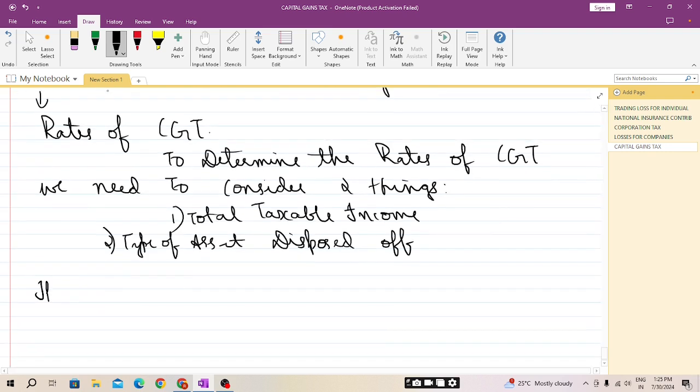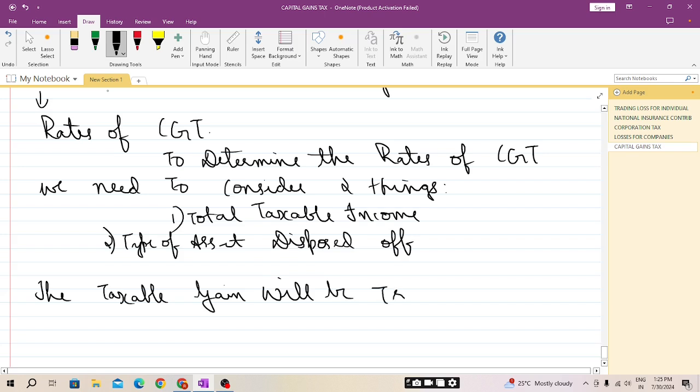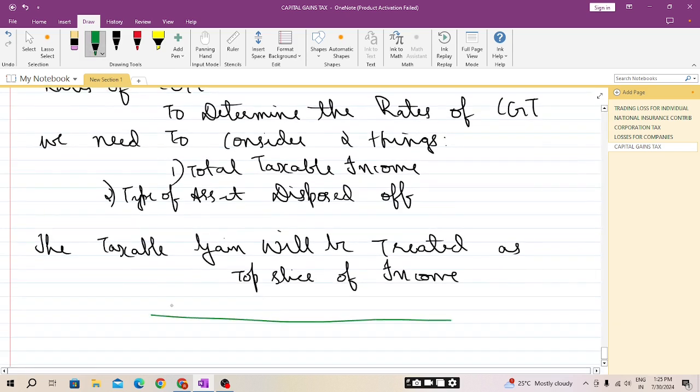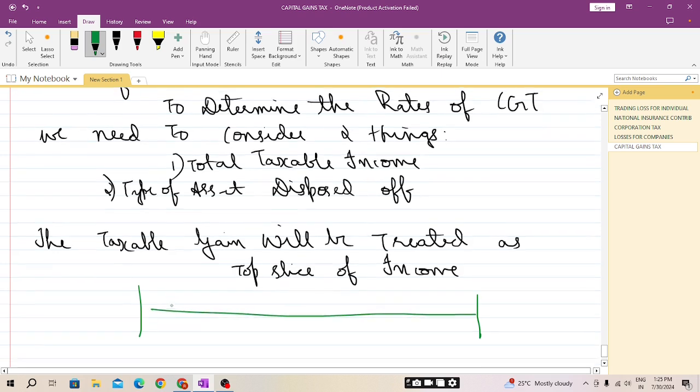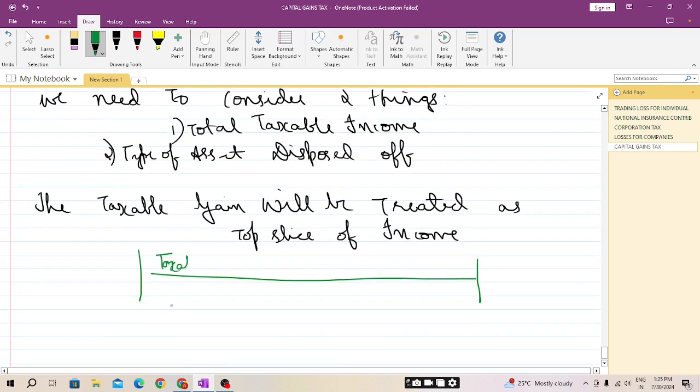So the taxable gain will be treated as the top slice of income. That means, students, our taxable total income will be till here, then the taxable gains will come here.